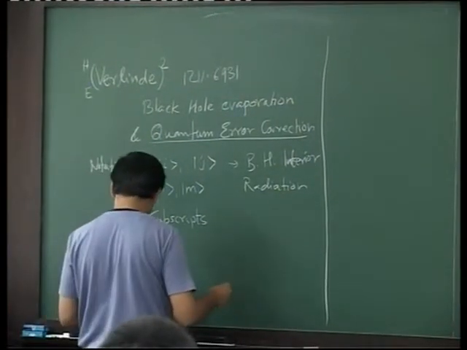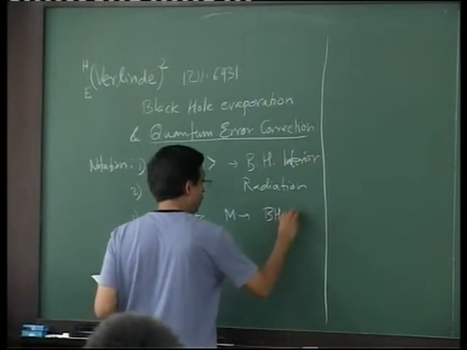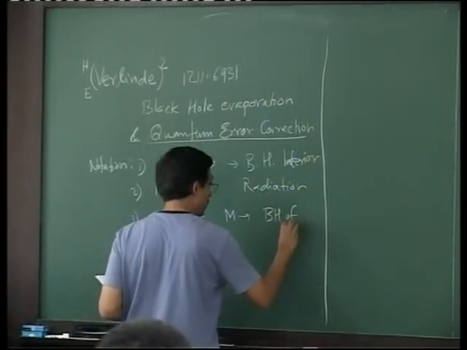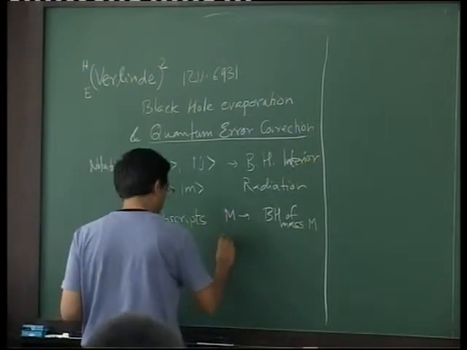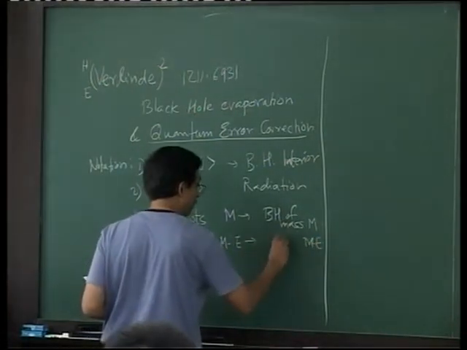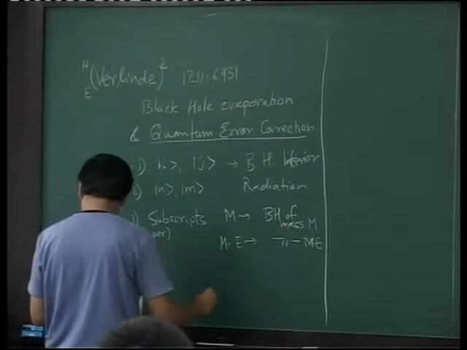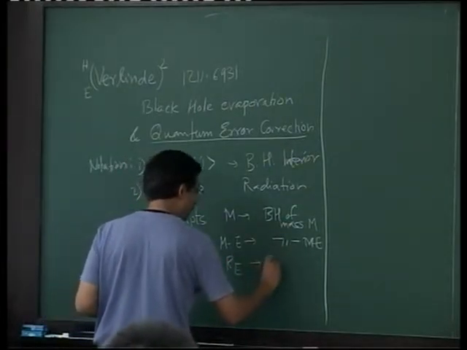And so M stands for black hole of mass M. M minus E stands for black hole of mass M minus E. R_E is early radiation.